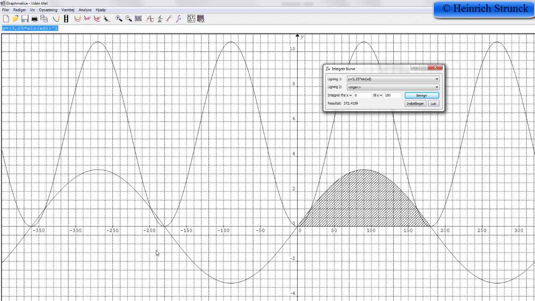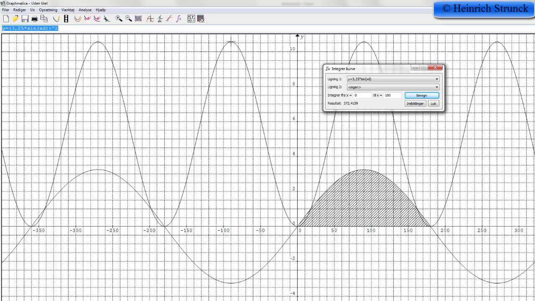So we want to find out the average value for the power, and actually this curve for the power is a sine curve, and we know that the average value for the sine curve is the middle. You can see the sine curve is symmetrical. So the average value for this one should be half of the maximum.